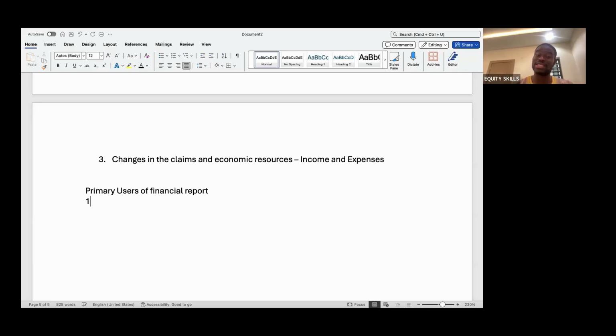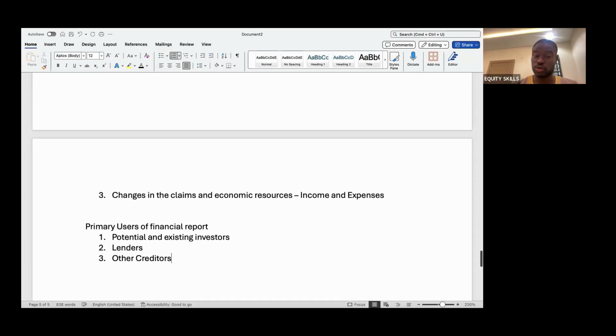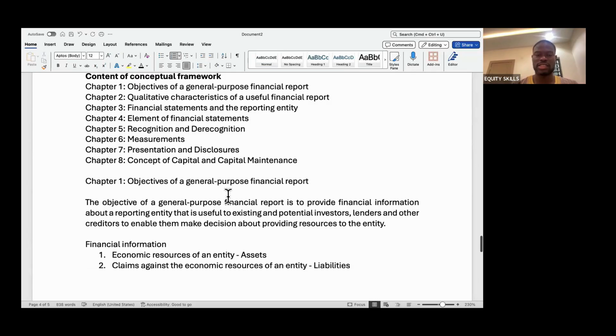I'm just spelling it out again, that the primary users are potential and existing investors, lenders, and other creditors. So please note that. And it says to enable them make decision about providing resources to the entity.